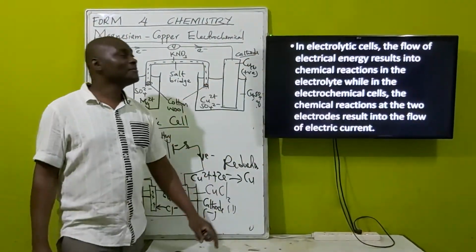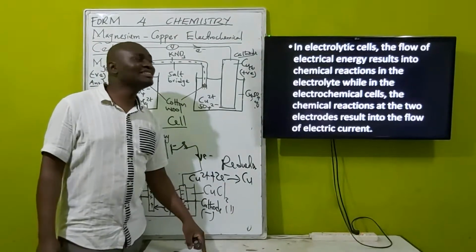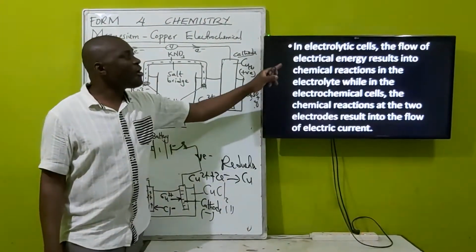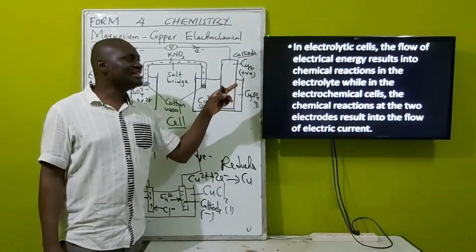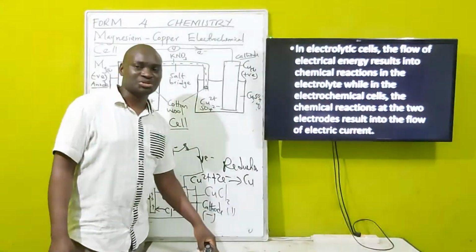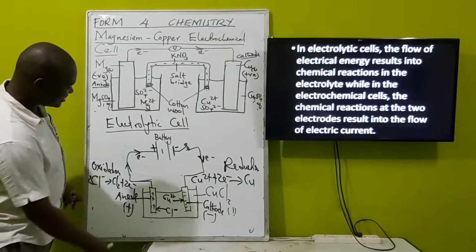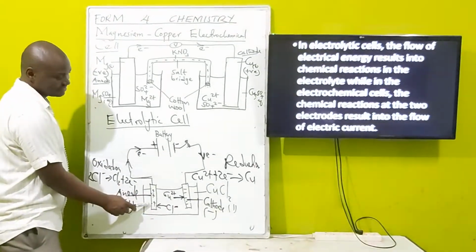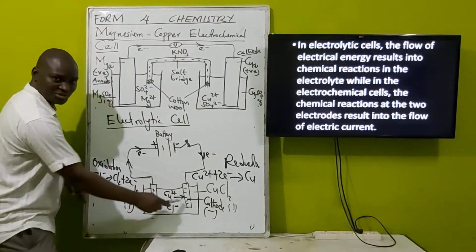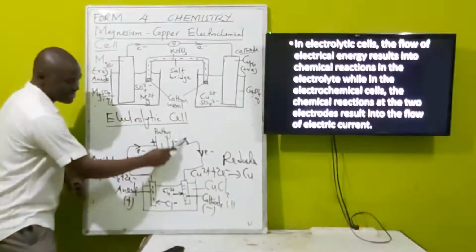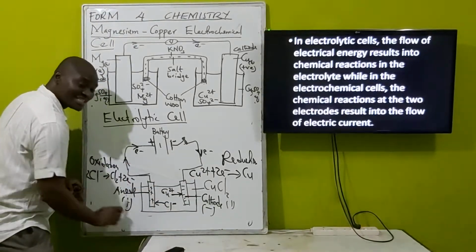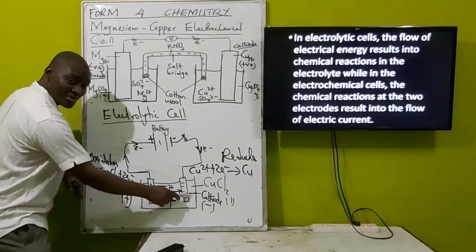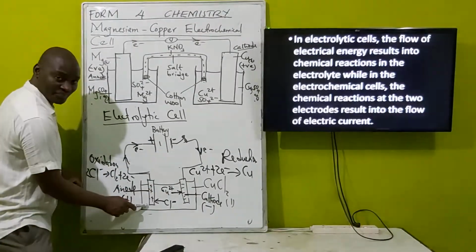Then, another one: in electrolytic cells, the flow of electrical energy results in chemical reactions. In the electrolytic cell here, for reactions to take place, you must have a battery as a source of electricity. Flow of electricity will cause chemical reactions to occur.